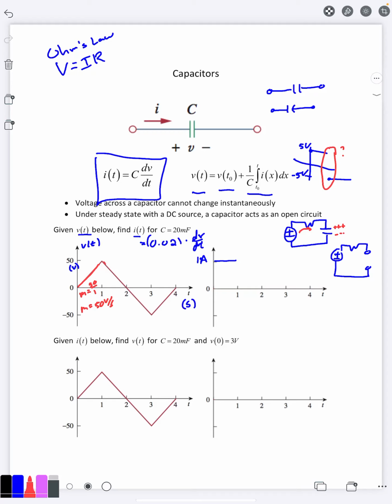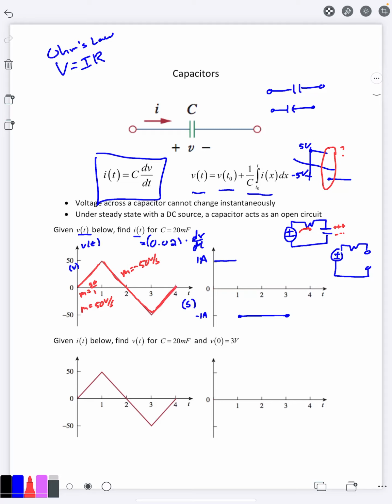Then for the next part of the graph, now we're going to have a negative slope. And you can check, it's going to be exactly negative 50 here. It's going down at the same rate it was going up before. So for the same calculation, we're now going to be at negative 1 amp. That's from 1 to 3.